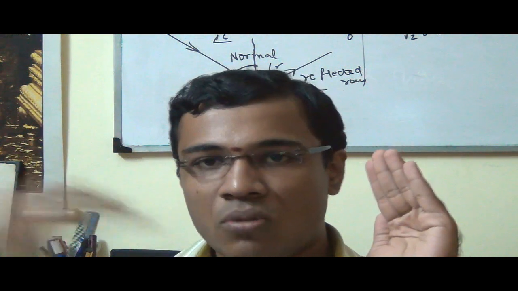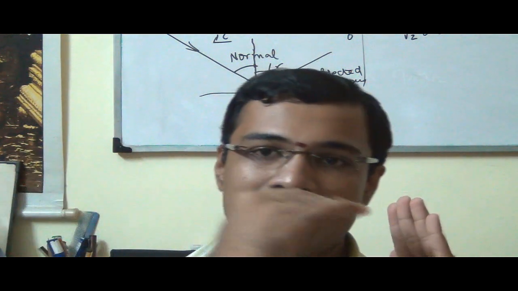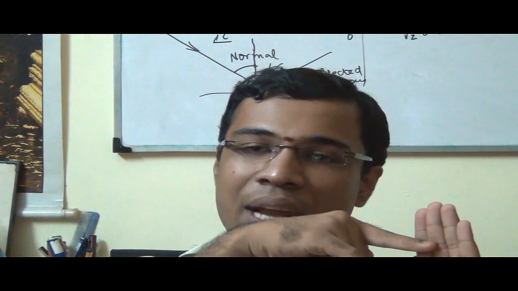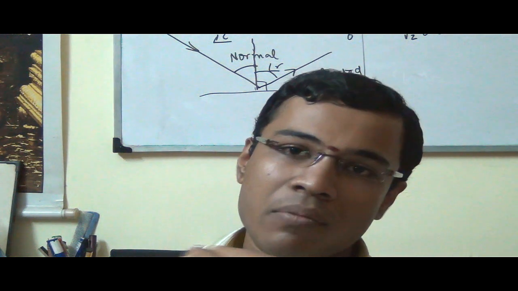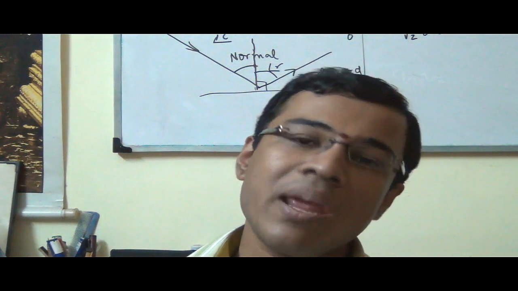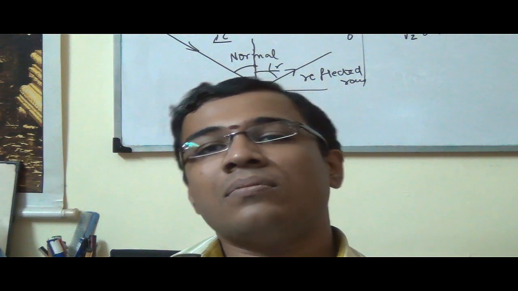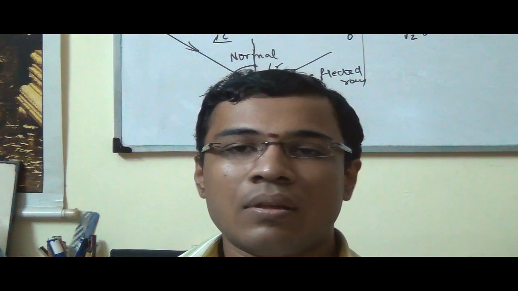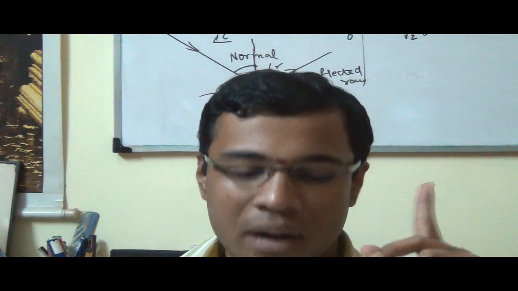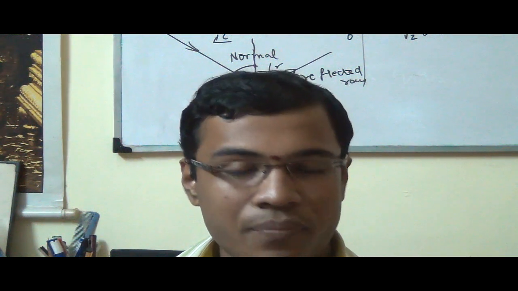If the mirror is like this, and an incident ray is from my right to left, and I am measuring a direction from my right to left, then it is considered to be positive. If I am measuring from the mirror to the right, it is considered to be negative. Understood? That is the first rule of Cartesian sign convention.